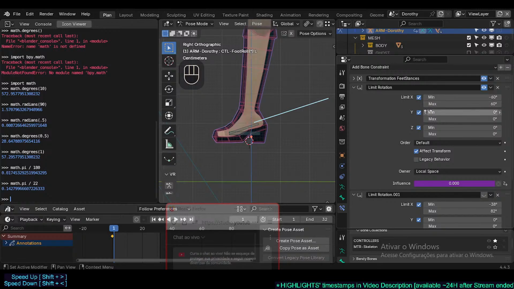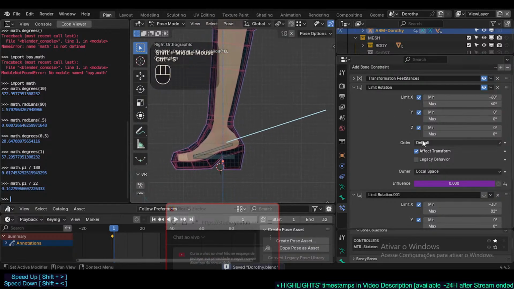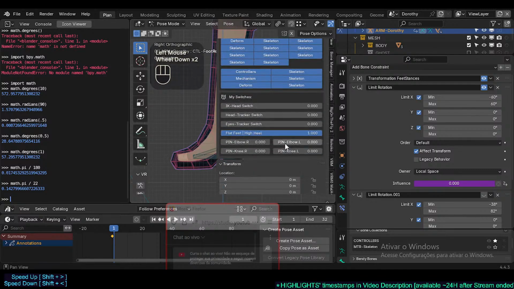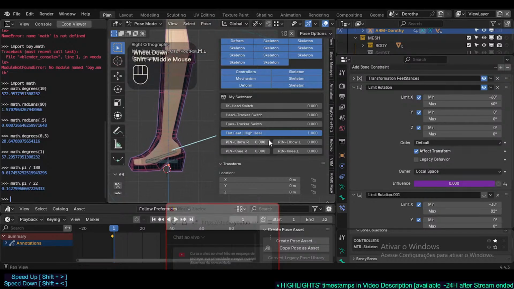Now comes the interesting part finally. So the custom thing, custom property, allows me to switch here.